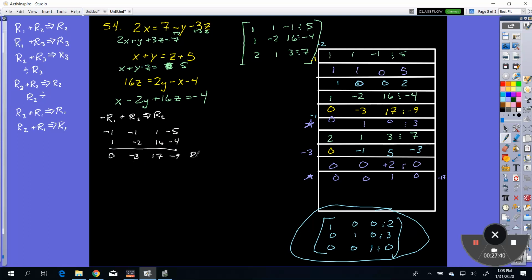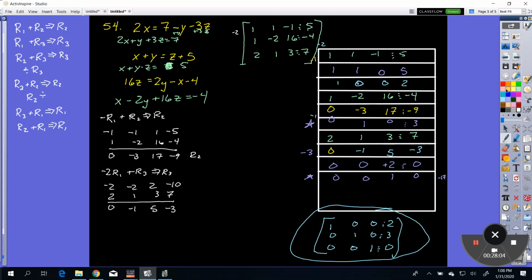That's my new row 2. Negative 2 times row 1, add it to row 3, is going to make my new row 3. So negative 2, negative 2, 2, negative 10. That's multiplying the negative 2 to everything. Plus 2, 1, 3, 7. So that's 0, negative 1, 5, negative 3.